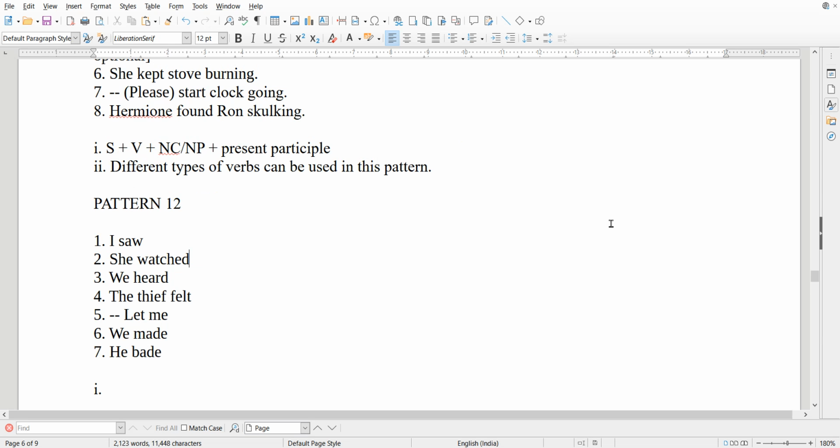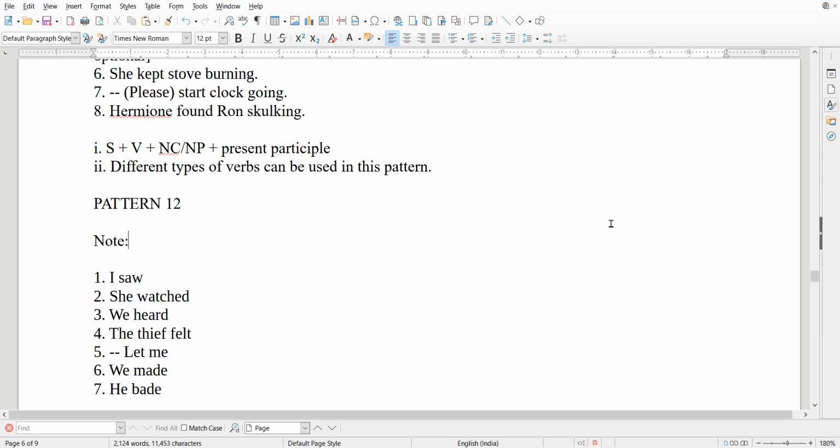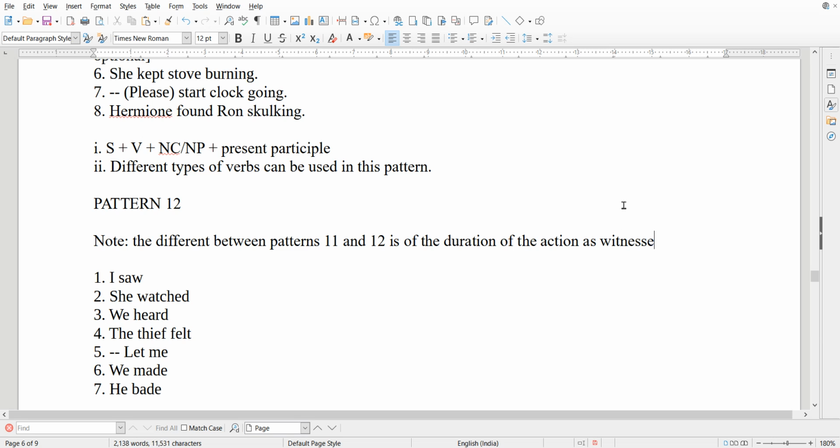Next pattern. Okay, I'll write that first. Note the difference between patterns 11 and 12 is of the duration of the action as witnessed by the observer.